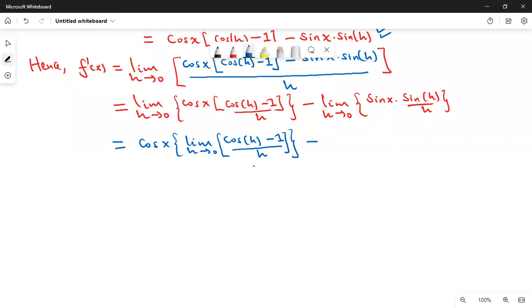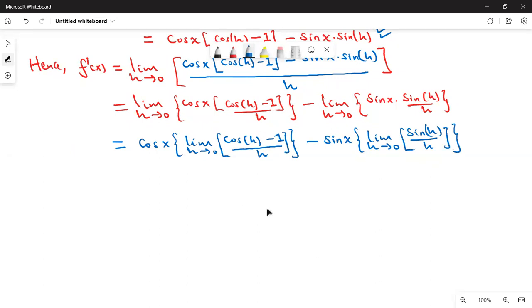Then here we again factor out sine x. Inside we have the limit as h approaches 0 of sine h over h. So we have these ones.